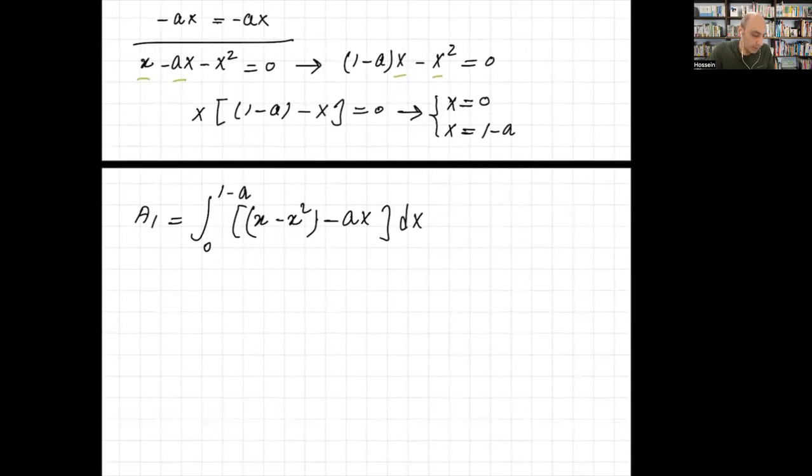Before solving this integral, I wanted to rearrange the terms. So integral from 0 to 1 minus a, I'm going to combine these two terms because they both have a common factor x. So I have 1 minus a times x minus x squared.